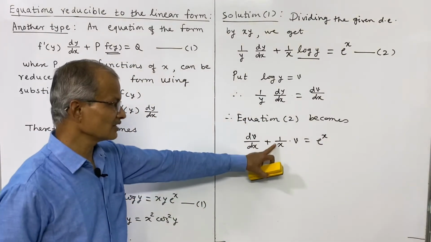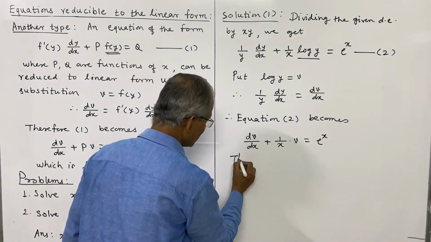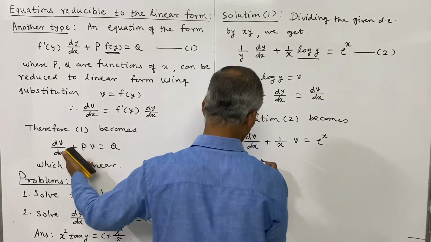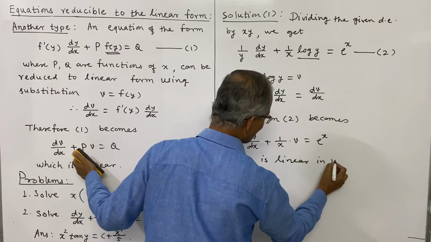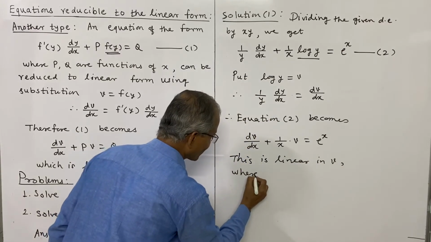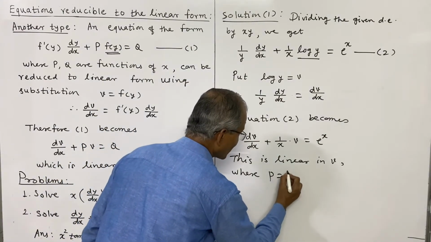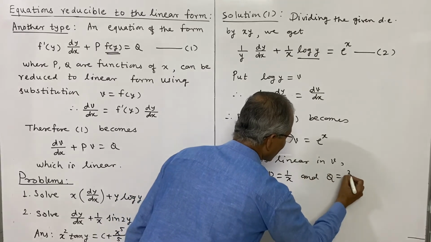dv by dx plus p v is equal to q. This is linear in v. So that's why we have written it, which becomes of this type, linear in v, where p is equal to 1 upon x and q is e power x.